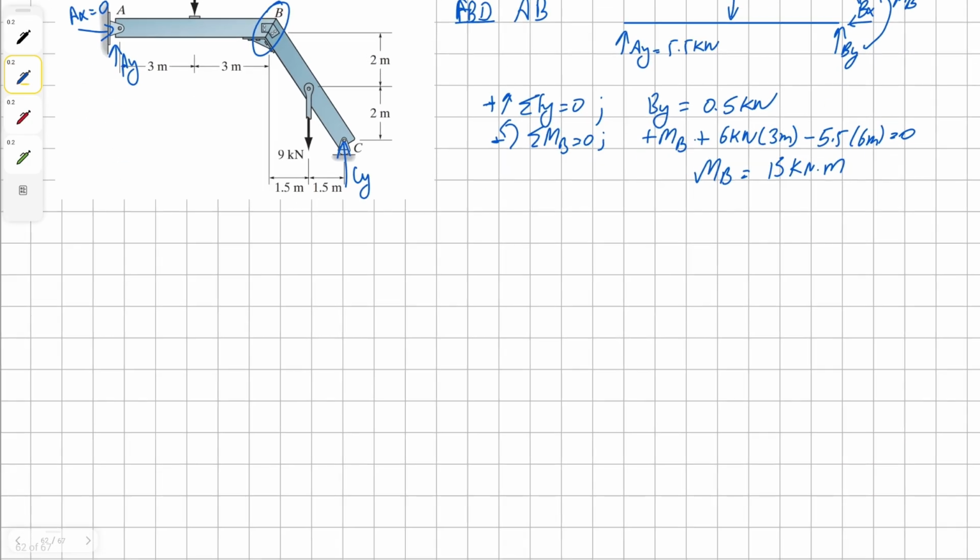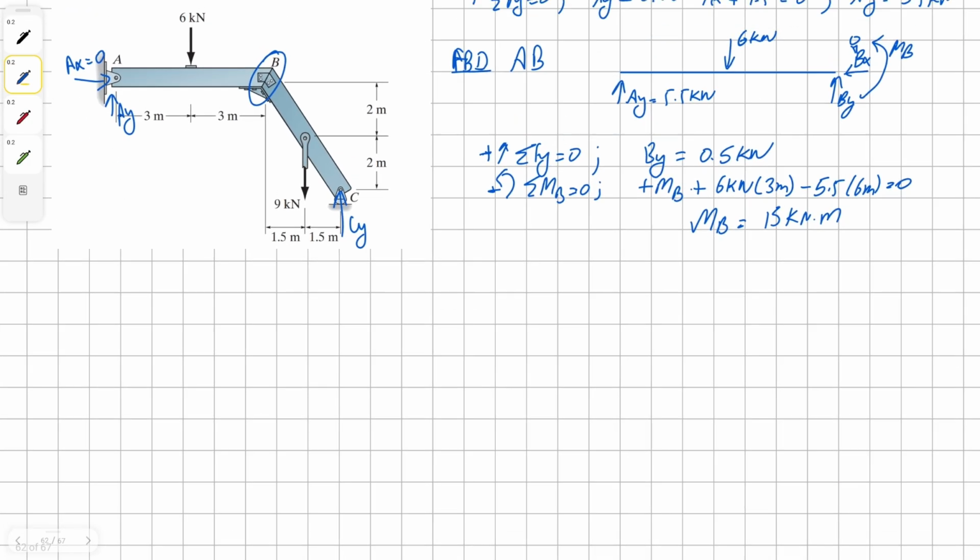Once we have that, we can plot our section BC. So for our section BC, we can have BY 0.5, and then we have our 9 kilonewton, and we have our CY, which we found to be 9.5 kilonewton.